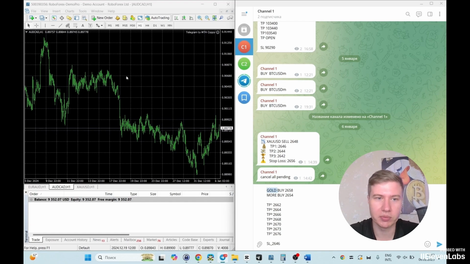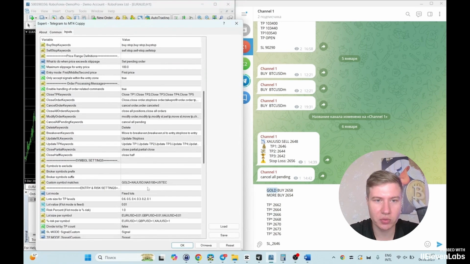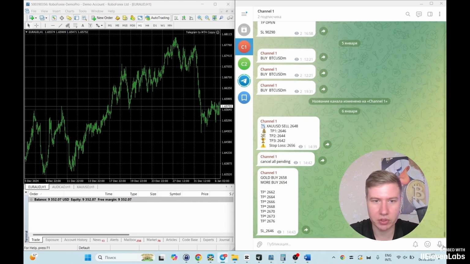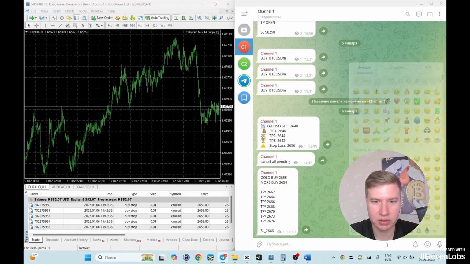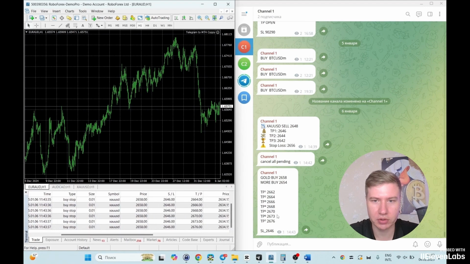So in the advisor settings for channel 1, we must indicate that gold is XAUUSD. Without this, it won't open. It won't understand what currency pair it is, and the price for opening will be this one. Let's look at it. So they opened 7 buy stop orders.